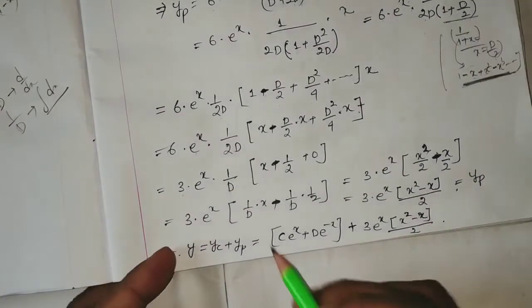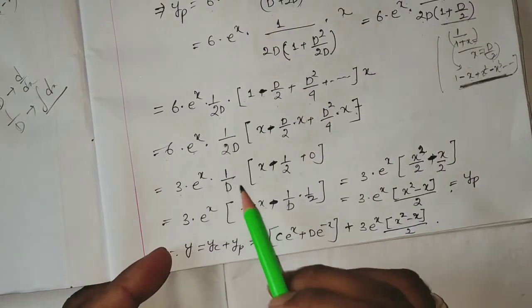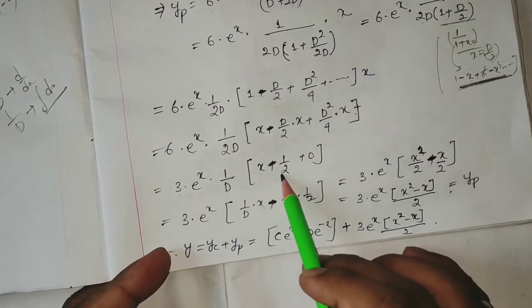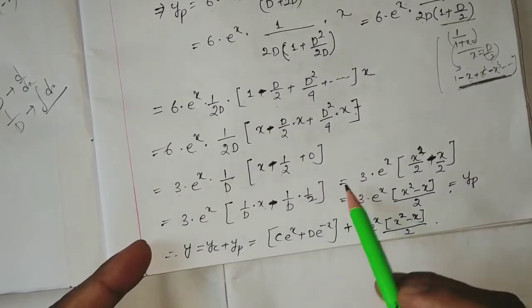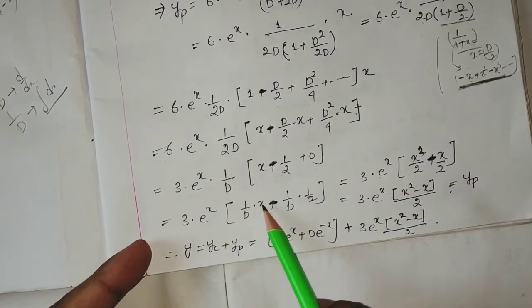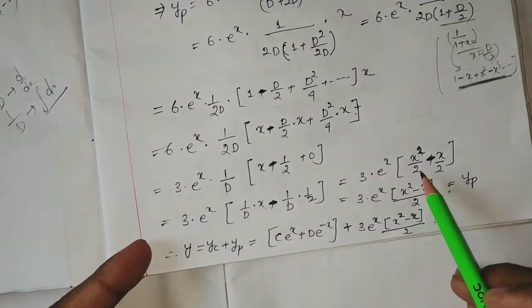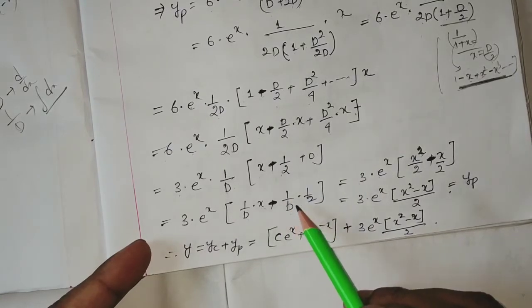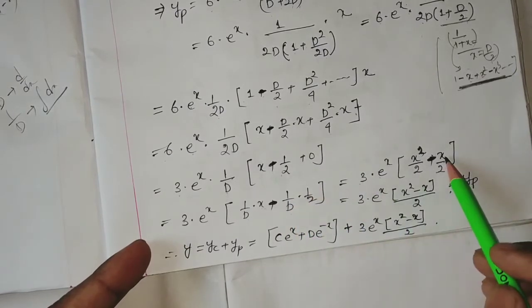So 1 by d operated on x, and 1 by d operated on 1 by 2, a constant, right? So this will be 3 into e to the x. The first integration of x will be x square by 2, and here 1 by 2 is taken outside, integration of only the constant 1, that means x, so x by 2.